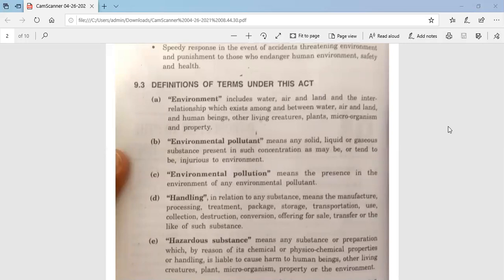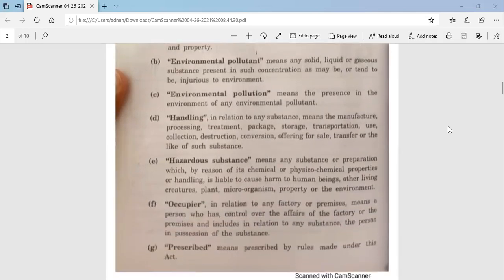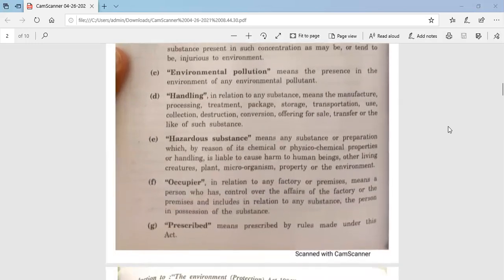Right. Third term is environmental pollution. It means the presence in the environment of any environmental pollutant. Fourth one is handling. Handling in relation to any substance means the manufacture, processing, treatment, package, storage, transportation, use, collection, destruction, conversion, offering for sale, transfer, or the like of such substances.